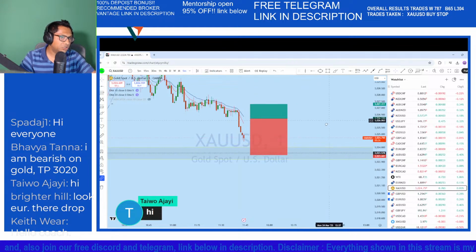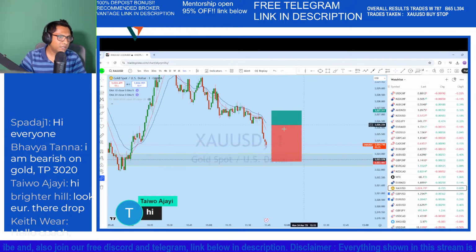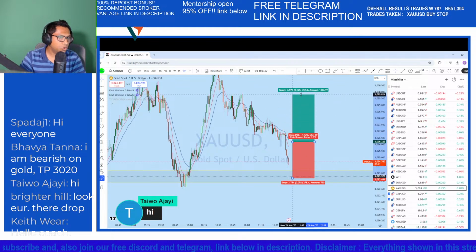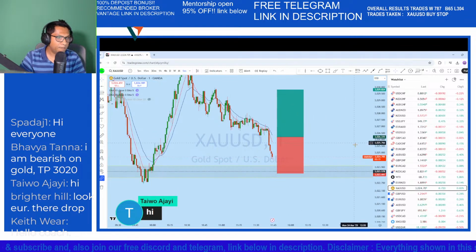If the price drops to the daily support, once it bounces back up, during that bounce you will be entering into a buy trade here.